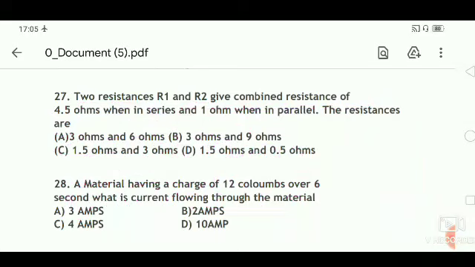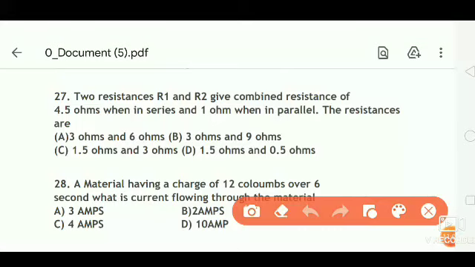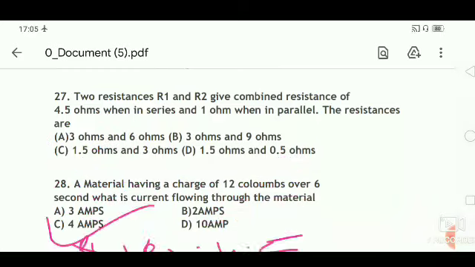So from the above calculation we get R1 plus R2. Here the option is 3 and 6, which gives 9, and 3 and 9 gives 12. 1.5 and 3 gives 4.5, and 1.5 and 5 gives 2. So R1 and R2 added give 4.5. So option C is the right answer.